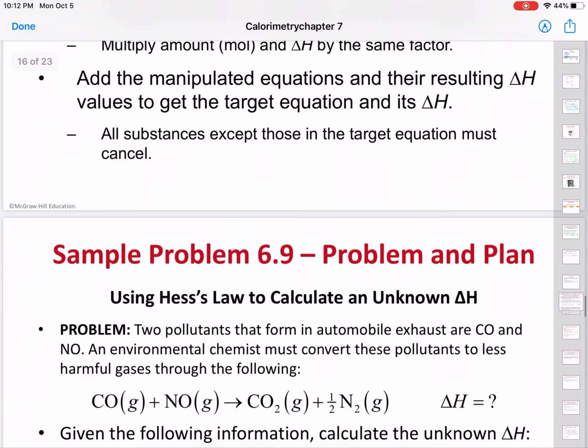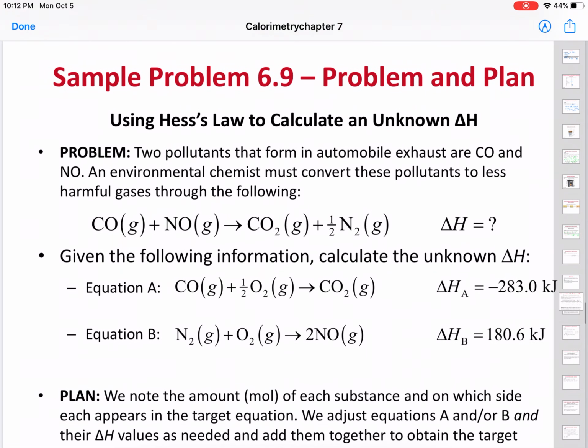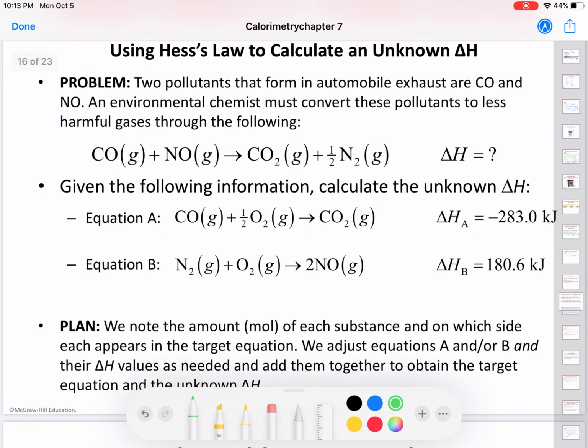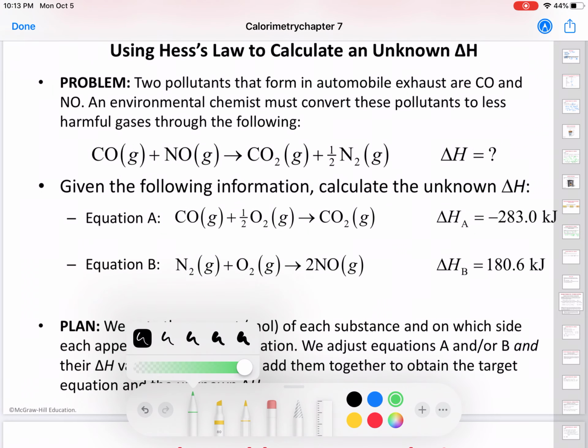Now let's look at all these steps with this particular example. Two pollutants that form in automobile exhaust are carbon monoxide and nitrogen monoxide. Environmental chemists must convert these pollutants to less harmful gases through the following: carbon monoxide plus nitrogen monoxide giving you carbon dioxide and half nitrogen.